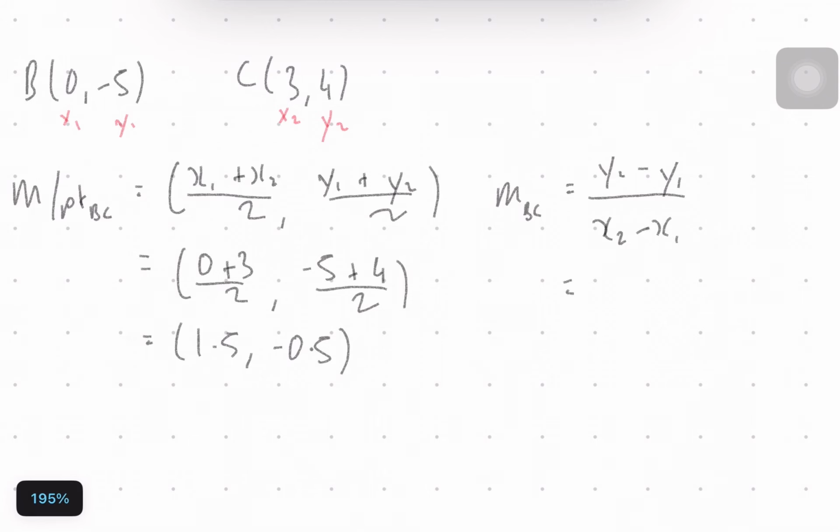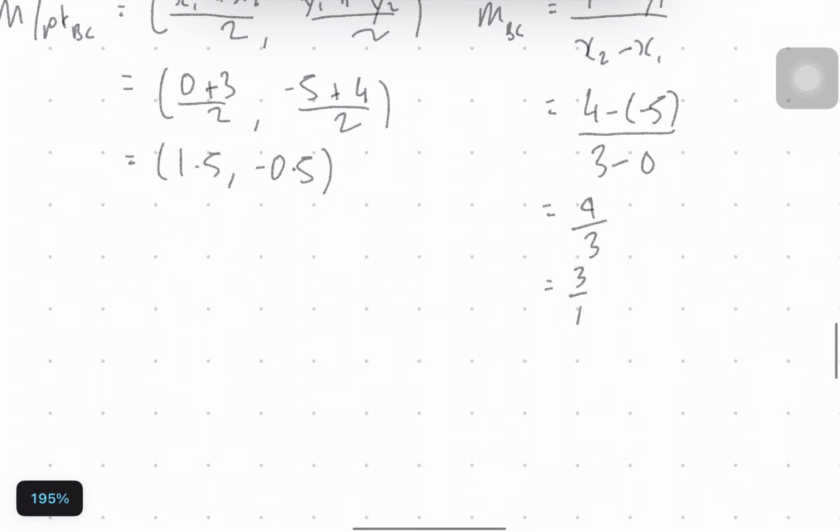So y2 minus y1 is 4 minus minus 5 over x2 minus x1 is 3 minus 0. So that is 9 over 3. So that is a slope of 3 over 1. So that's the slope of BC.